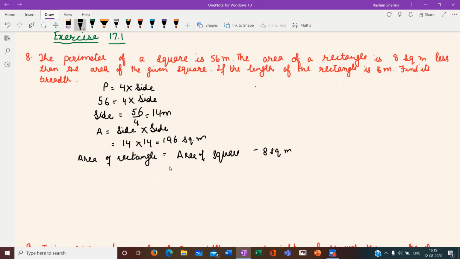Now we know the value for area of square, that is 196 minus 8. It means it is equal to 188 square meter.